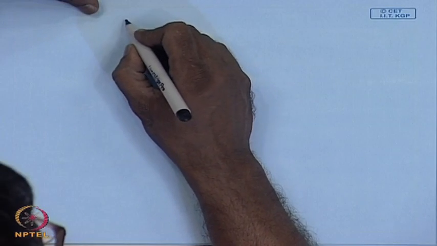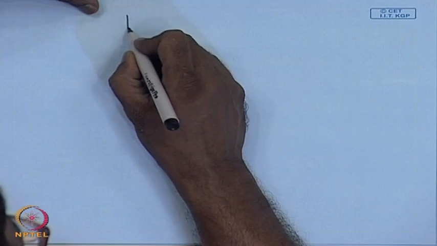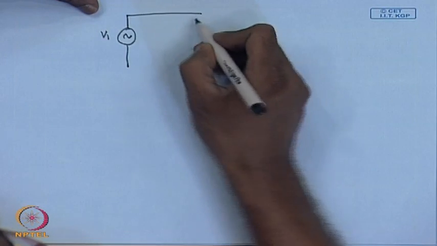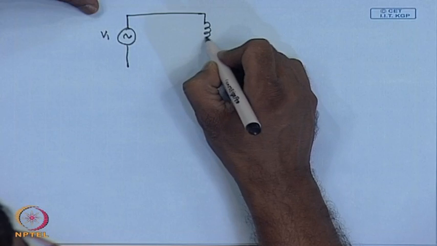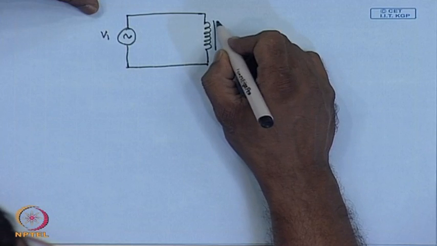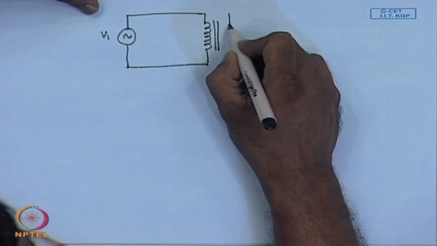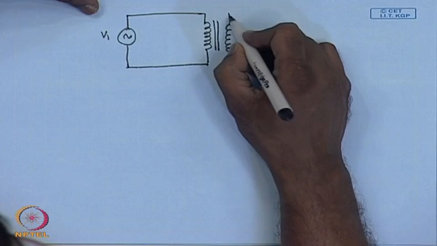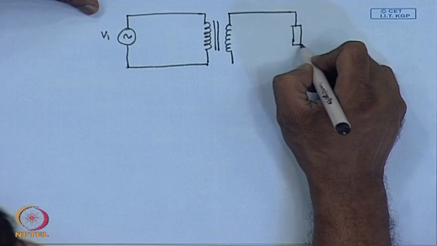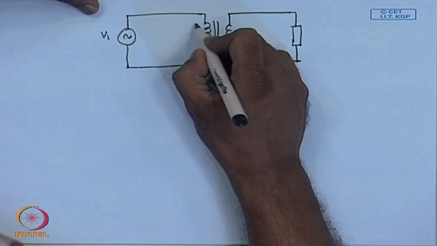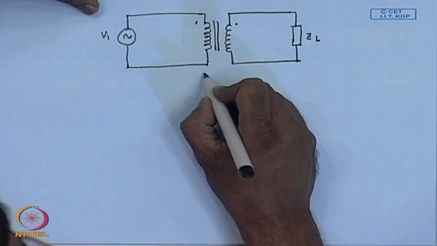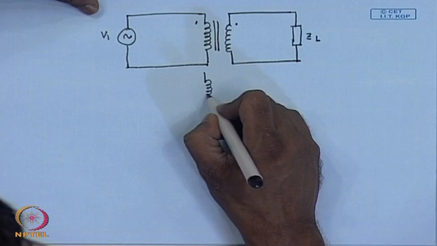Again, this is the first transformer. The second transformer again is connected parallel to it with appropriate polarity.